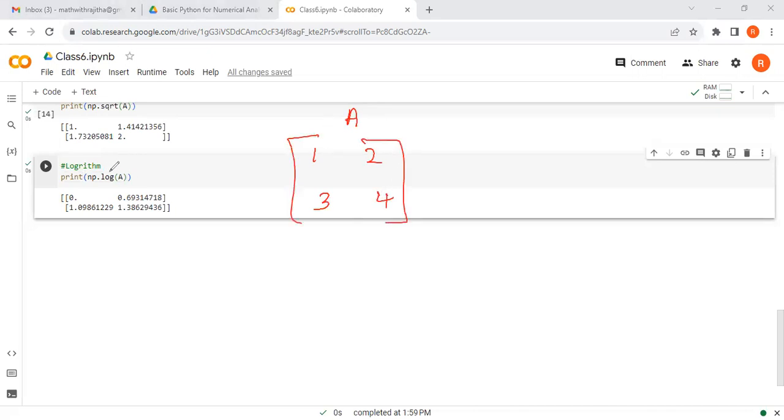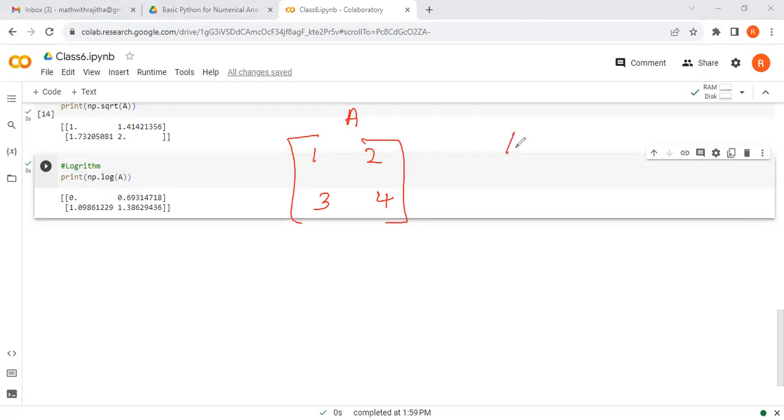Here I'm trying to understand what this log function is. It has given the log of 1 to be 0. Of course, 1 is the 0th power of any number, so the log of 1 is 0.